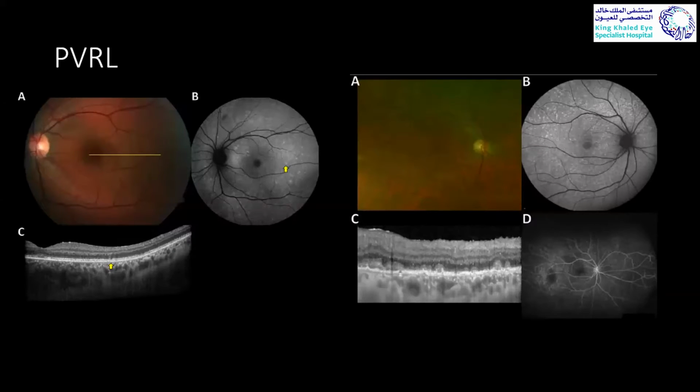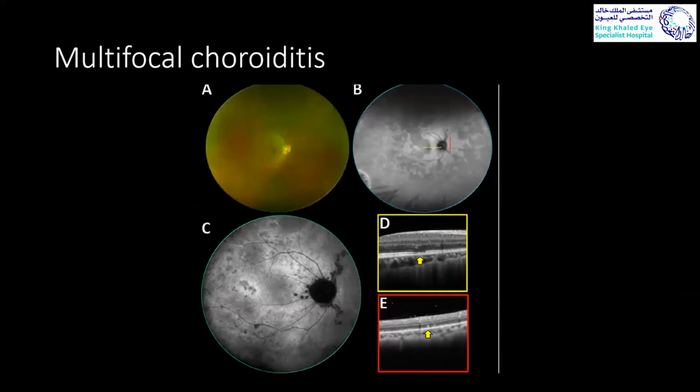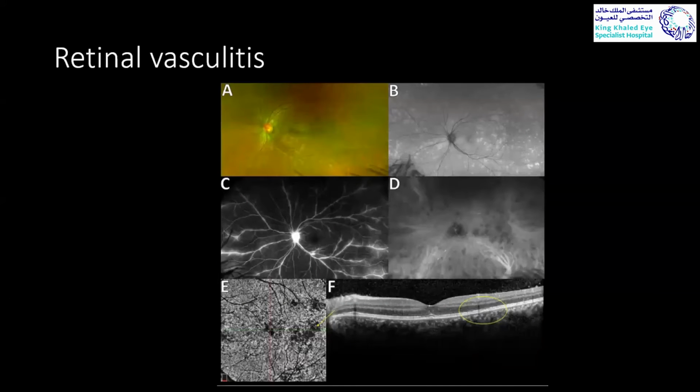So the OCT will show this alternating hyperreflectivity and hyperautofluorescent lesions in autofluorescence. So this is a case of primary vitreoretinal lymphoma. And another patient with multifocal choroiditis, you can see the autofluorescence is very characteristic here. The lesion here looks like MEWDS initially without retinal loss, but this disease tends to be multifocal choroiditis.